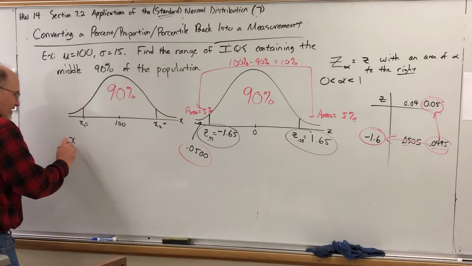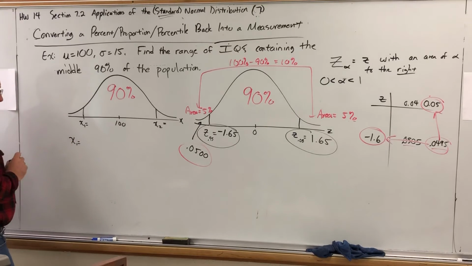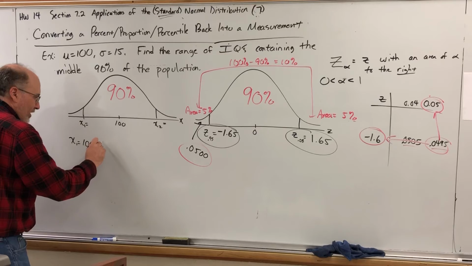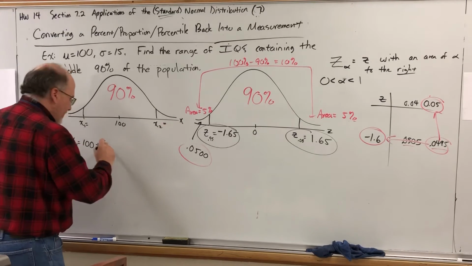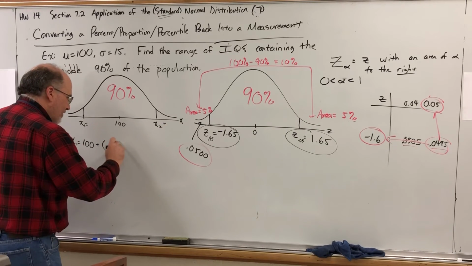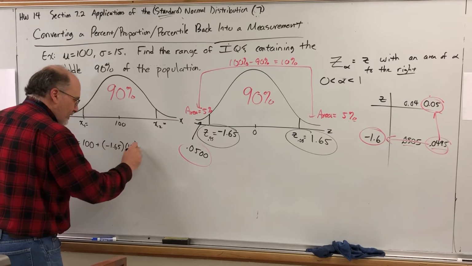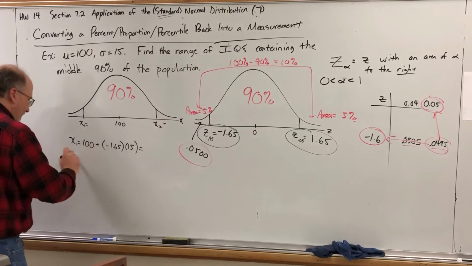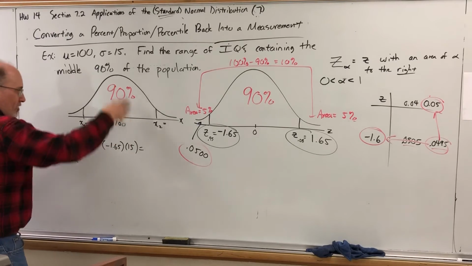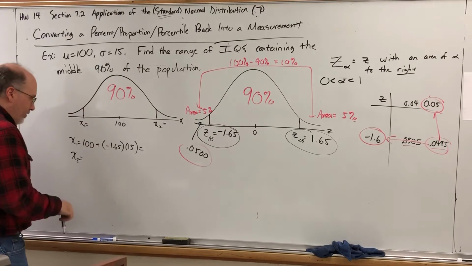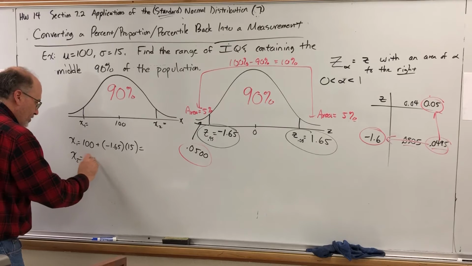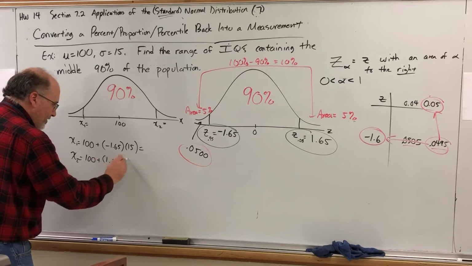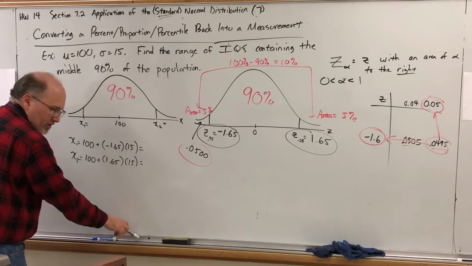So our first x value, the one on the left, is going to be the mean, which is 100, plus its z-score of negative 1.65 times the standard deviation of 15. We'll calculate that in a second. And the second IQ, the one on the right that cuts off the 5% on the right tail, is going to be 100 plus its z-score, which was 1.65 times 15.